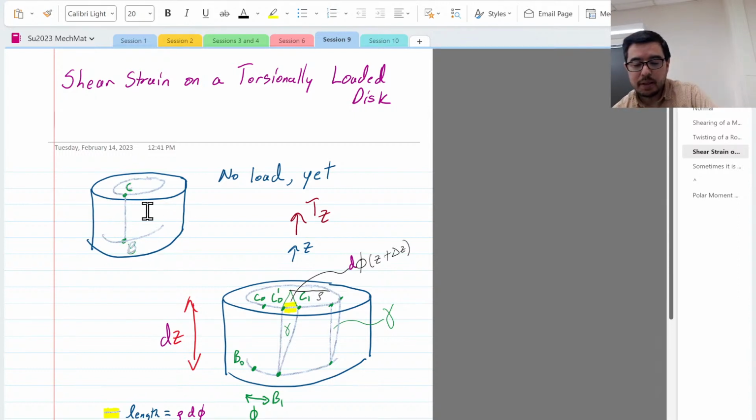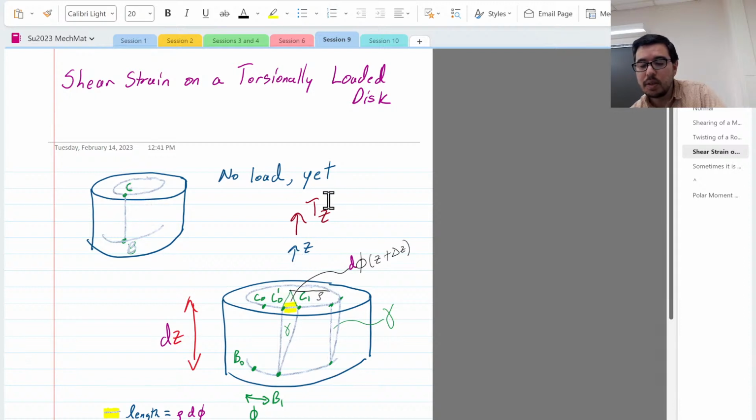What's happening is, if I look at my bar, I'm twisting like this. So C is moving to the right, and B is also moving to the right. Imagine this is a disc in a rod. C moves to the right a little bit more with the torque applied, as you see here.